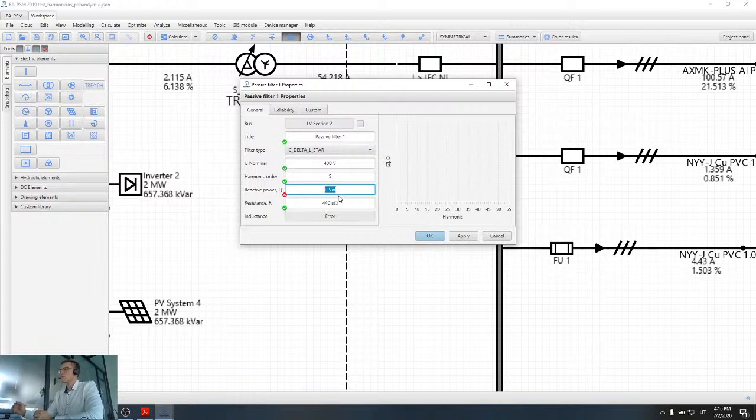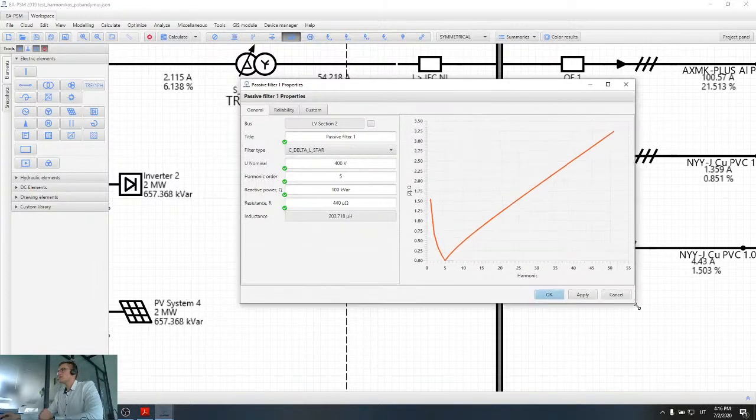In this case, I will specify 100 kilowatt, which is the power of the reactive filter, and the software will automatically calculate the inductance needed for this filter. In this case, the inductance is equal to 203 millihenries.